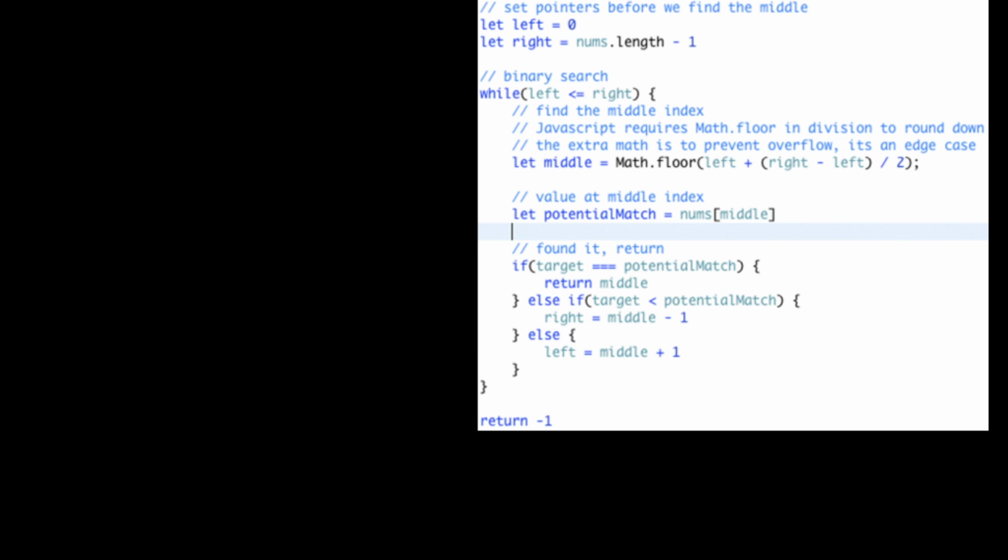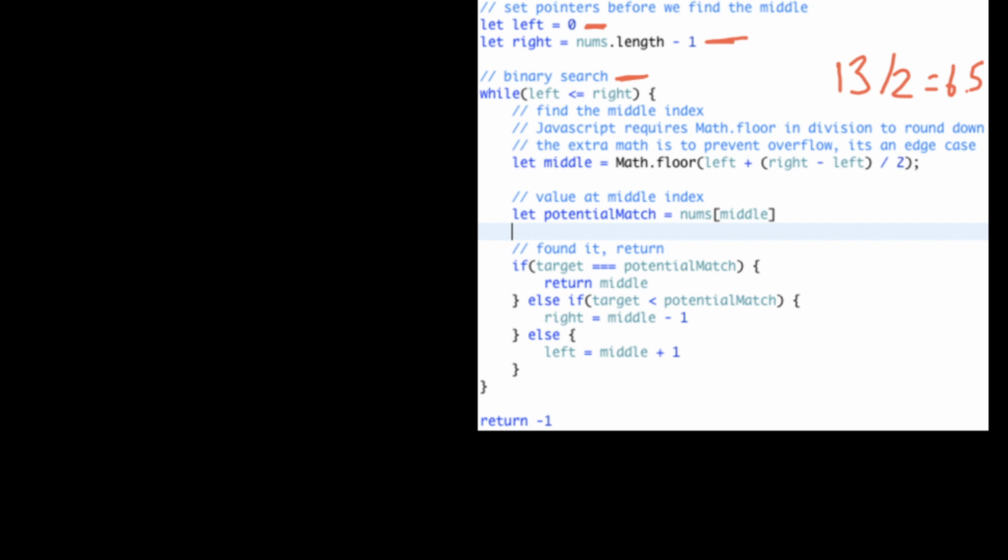So let's go through this code really fast. First, you have to set your left, set your right, then you begin binary search. Now we mentioned that because it's JavaScript and you're doing division, if you take 13 divided by 2, you're going to get 6.5, right?